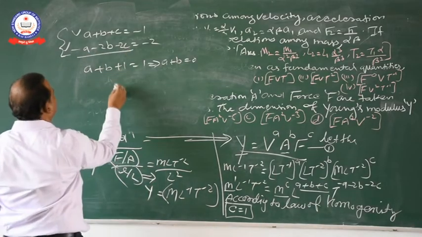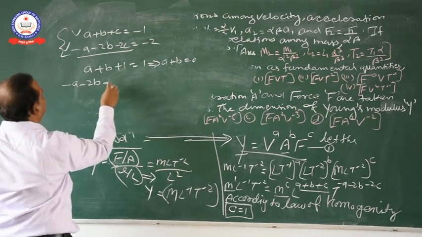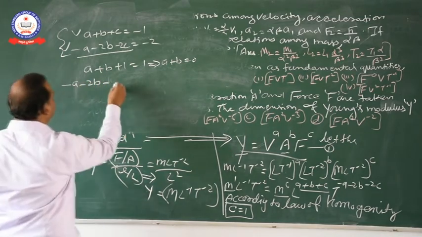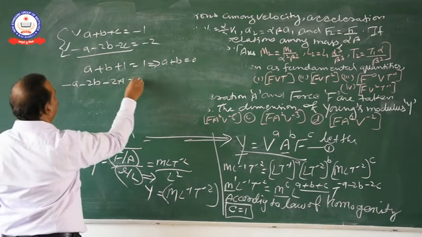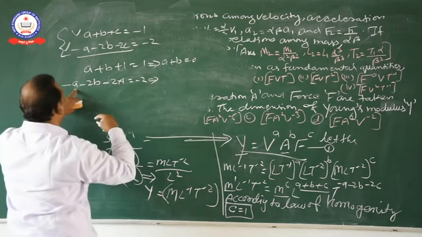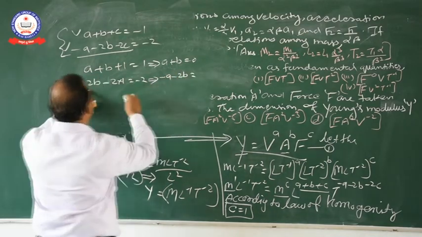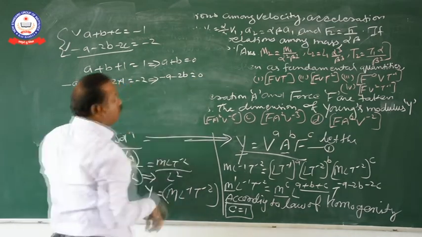Here c put: minus a minus 2b minus 2c. C means 1. 2 into 1 is equal to minus 2. Minus 2 cancel. We get minus a minus 2b is equal to 0. Correct?